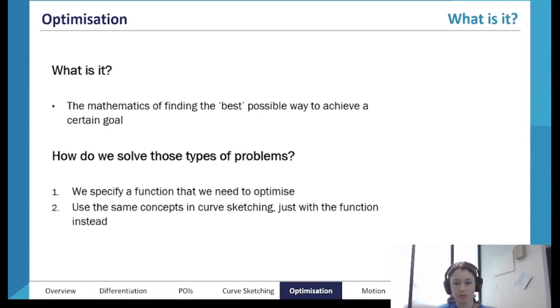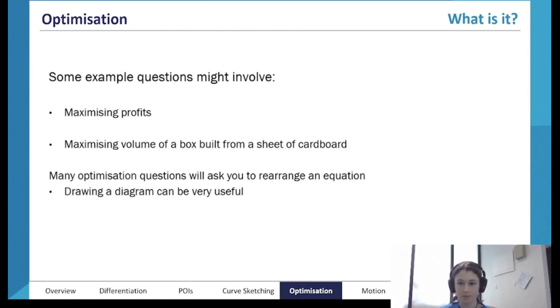So we are going to go over some examples of when you might be asked to optimize something, and then we're going to go over some actual examples of applying this. So some example questions might be maximizing profit, what I said before, maximizing volume of a box built from a sheet of cardboard. That's a pretty typical one.